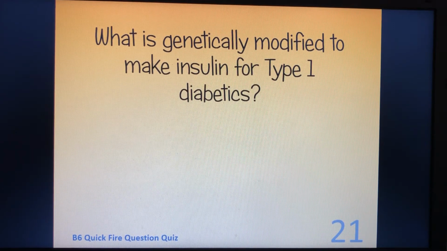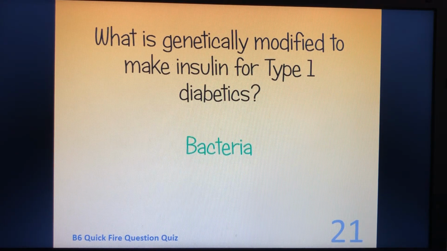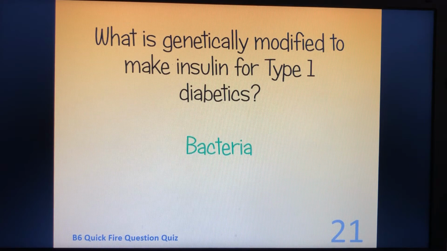What do we put it into? And the answer is bacteria, because they multiply quickly, and then we end up with lots of bacteria that all can make insulin.